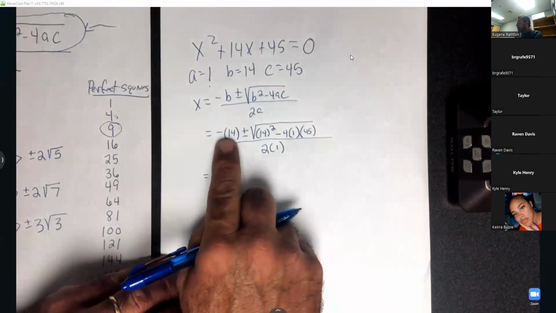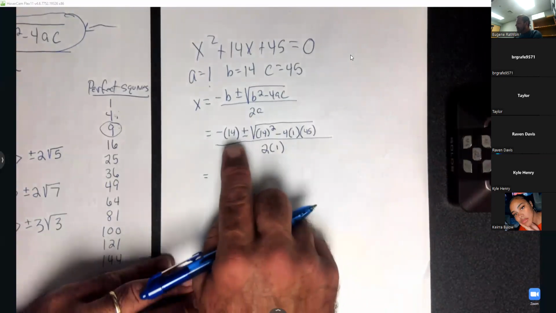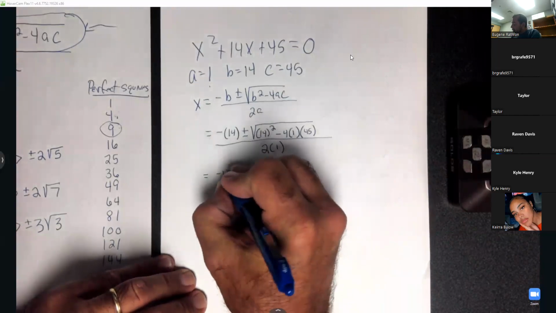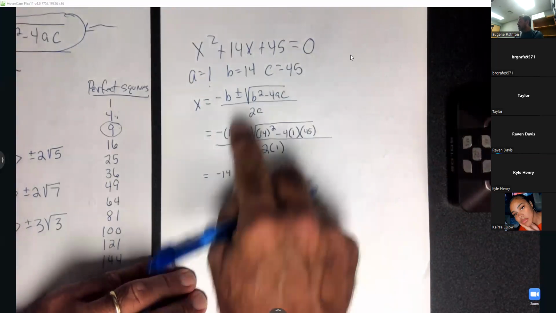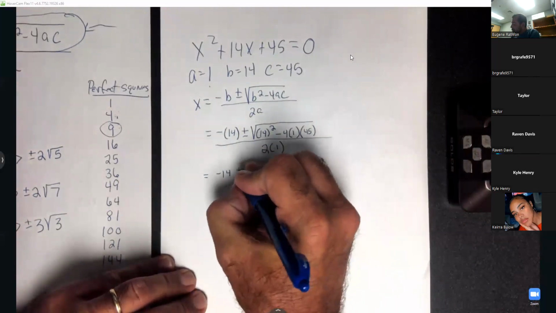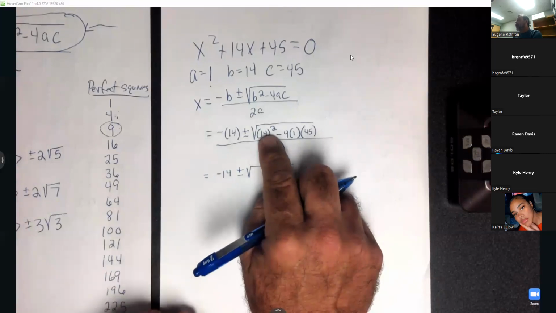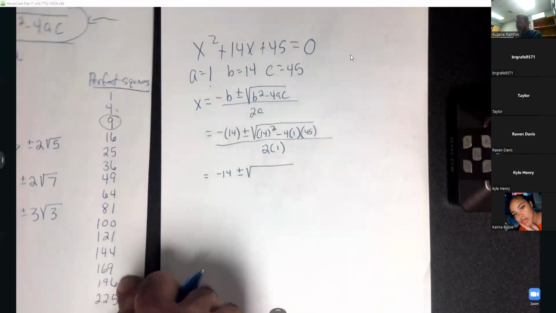All right, so first I can simplify these outside numbers and a little bit inside. So that's going to make that a negative 14. So in the long run, it just changes the sign of B up here. There's our plus and minus. 14 squared is 196.